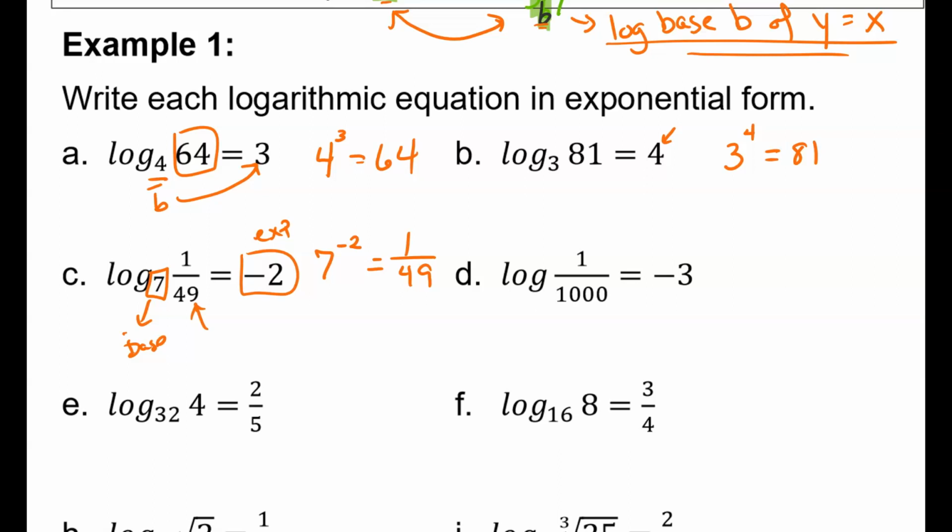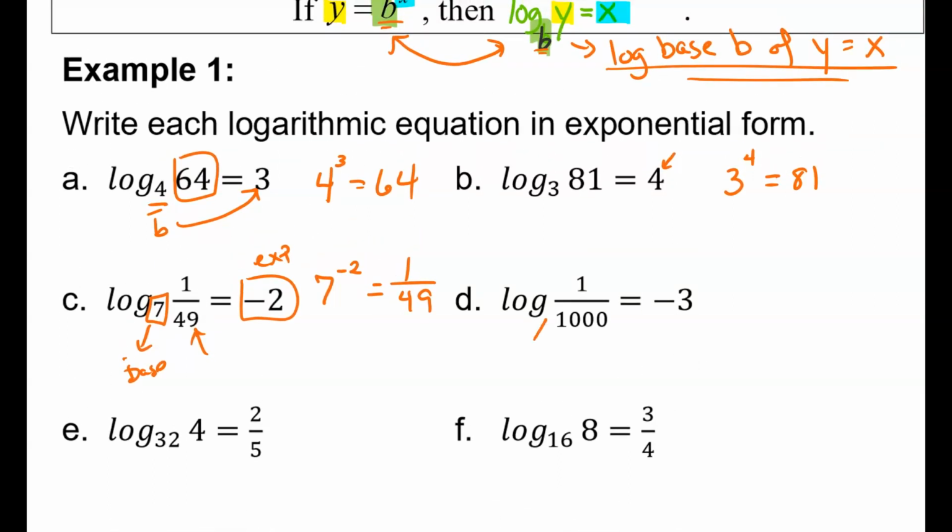Okay, now what happens if there is no base? Like it looks right here, Mrs. Gregerson, there is no subscript. B is missing. Here's the deal. It's not missing. If there is not a base there, it's understood to be 10.